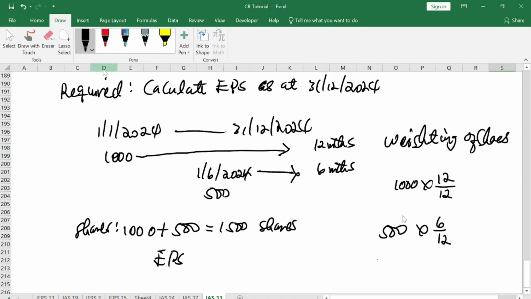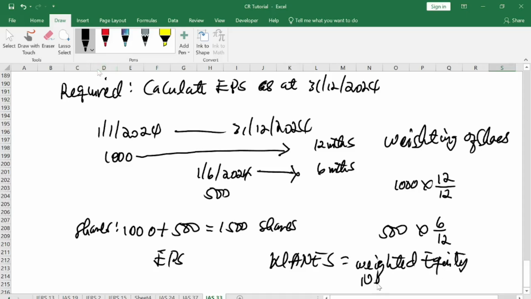When you multiply whatever you get, you then add it. That gives you the WINS, which means weighted number of shares. So you take note of all these.